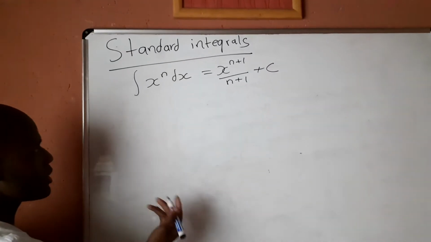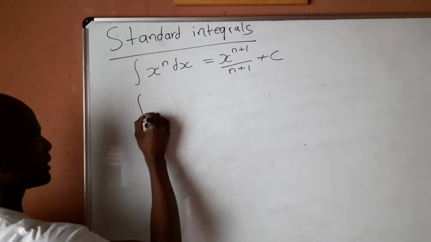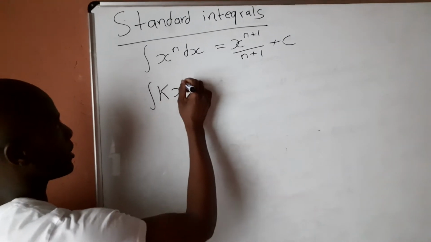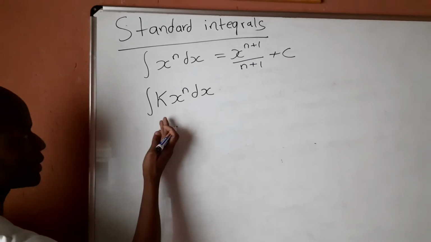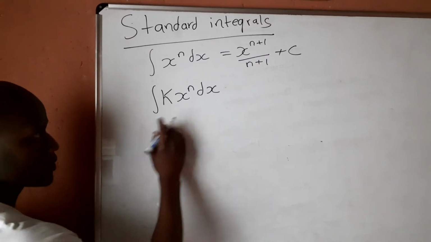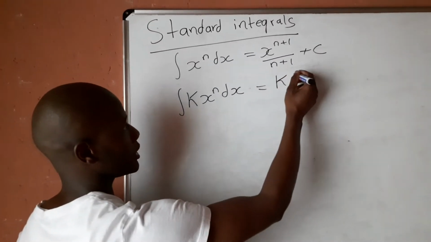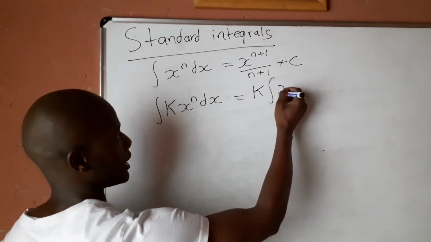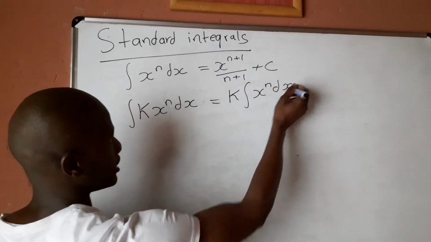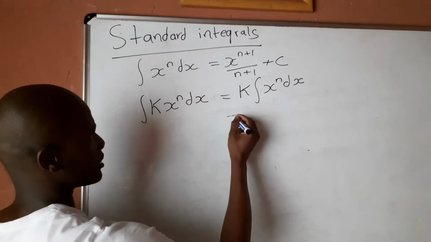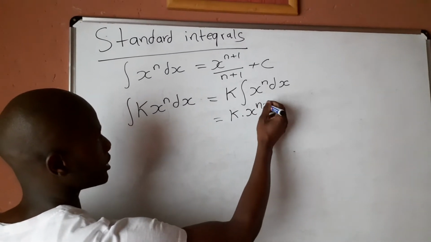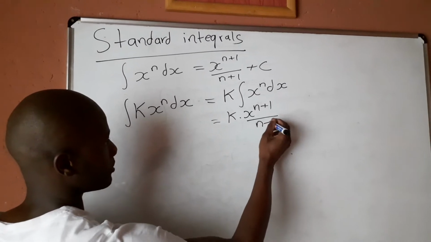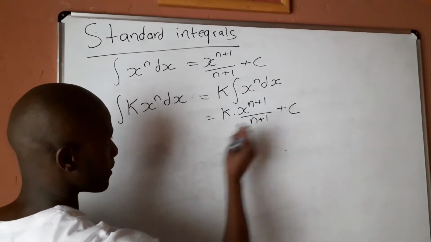Another formula is integrate k x to the power n dx. K is a constant, so we take it out as a common factor. It's k times the integral of x to the power n dx, which is k times x to the power n plus 1 over n plus 1 plus c.